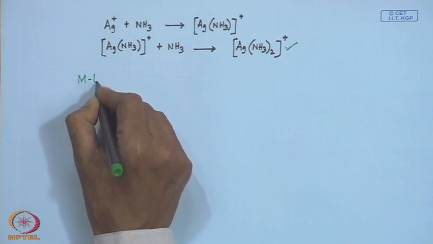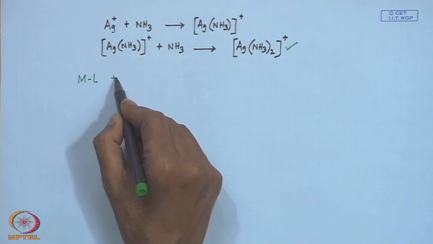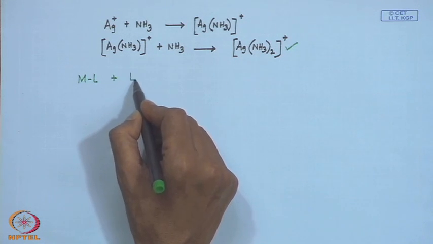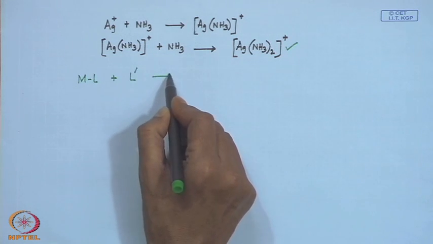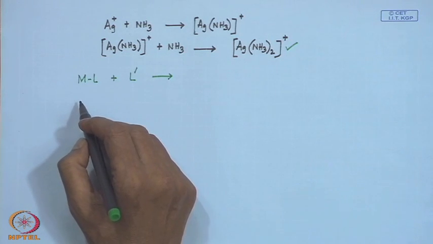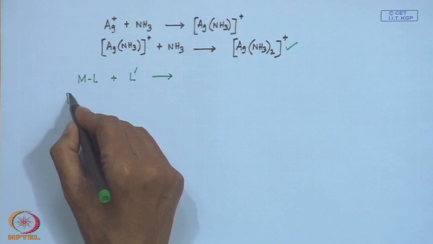If we already have the metal ligand species, we can talk about further binding of any other ligand species, that means L prime or something similar, and these things are also possible in some protein envelope.